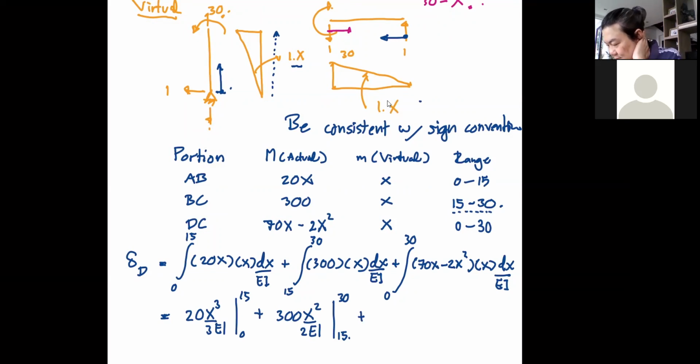So it becomes 70x cubed over 3 EI, minus 2x to the power 4 over 4 EI now. I'm trying very hard to write properly.